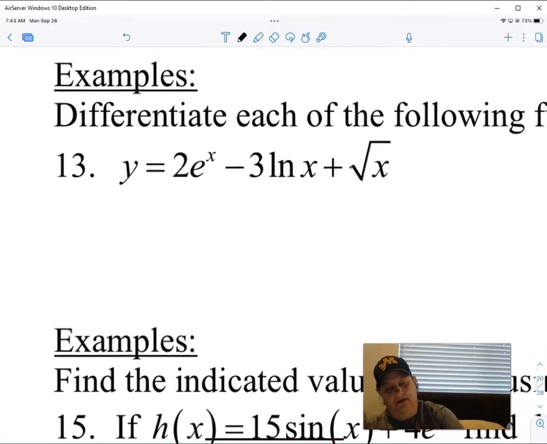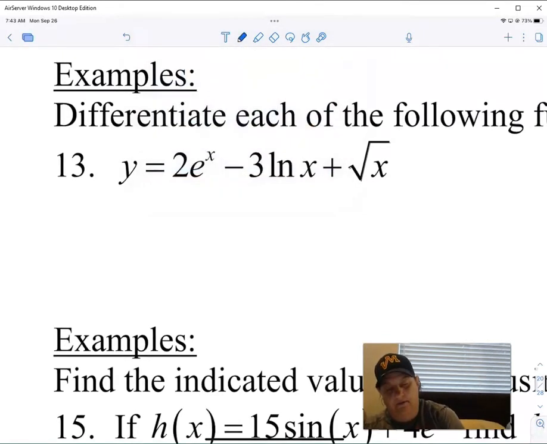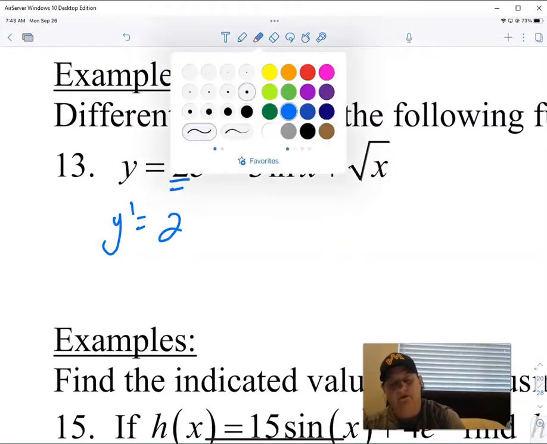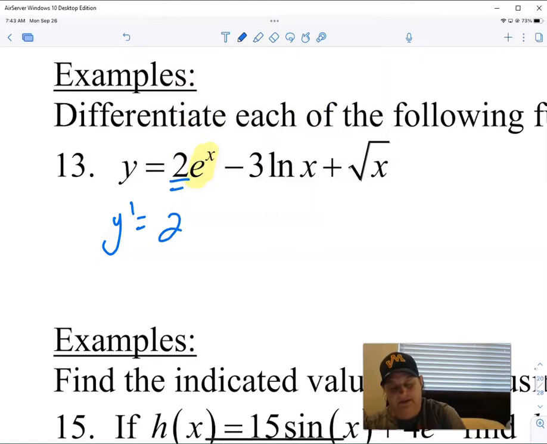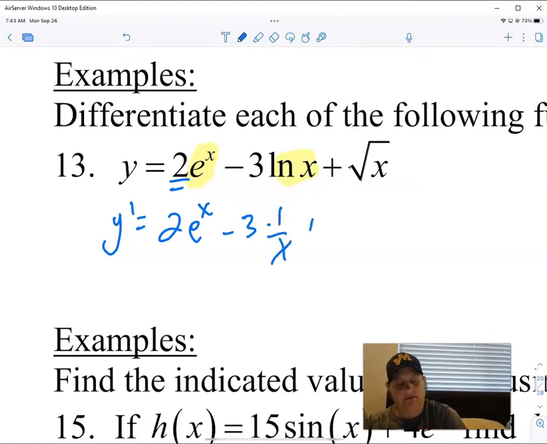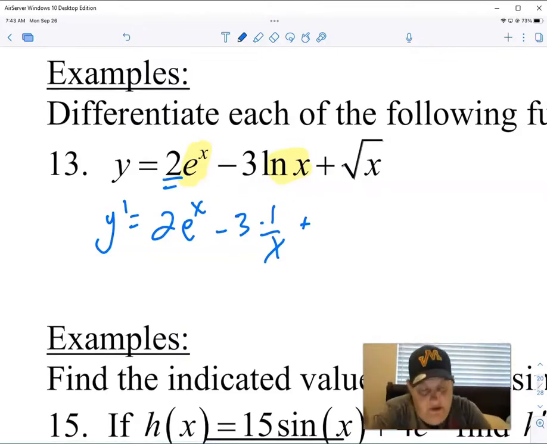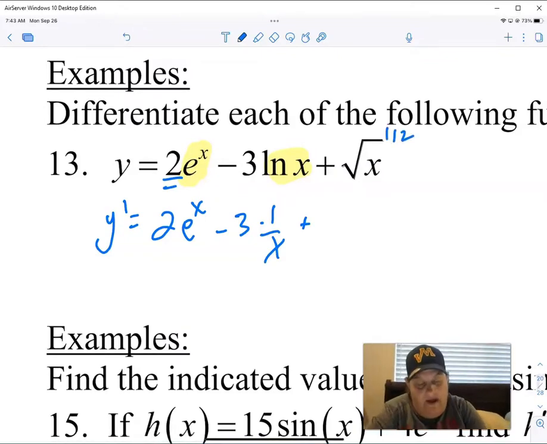Differentiate, using correct notation, without using a calculator. Alright, here we go. 2 can stay there. The derivative of e to the x is e to the x. The 3 can stay there. The derivative of ln of x is 1 over x. And let's remember how to do the derivative of a square root, you guys. Well, I need to put this to the 1/2 power.